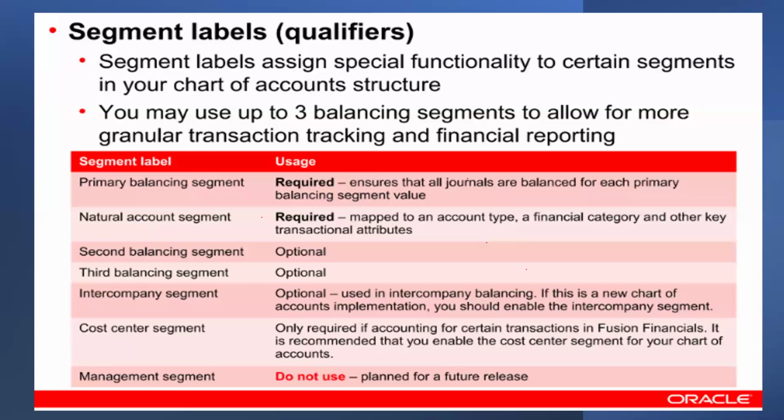Then the cost center segment would be required. So just remember, we need two mandatory segment labels, the primary balancing segment and the natural account segment. These are the two mandatory segment labels we have to provide. The remaining ones we can optionally ignore.